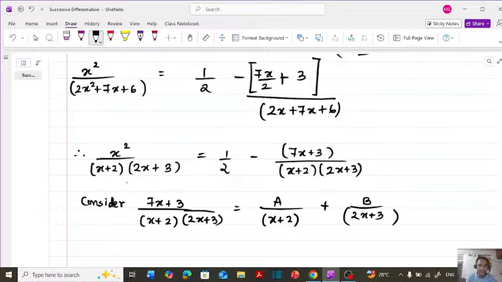Wait a minute. 7 by 2. Here also we could have flunked up. It is 7 by 2.